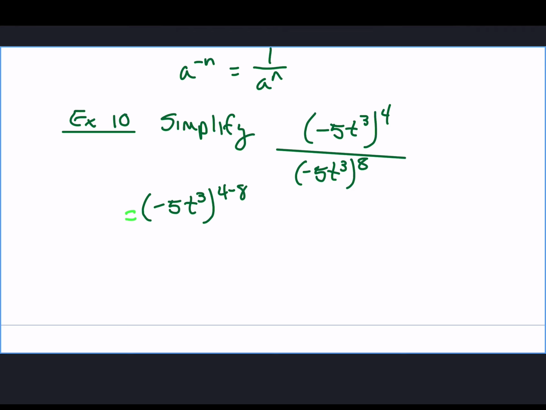Okay? So what does that give us? To the negative 4 power.